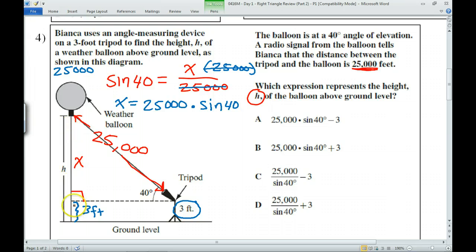So if we want the length of h, all we need to do is take the length of x and add 3 feet onto it. And then, just like that, we have the length of h. So, the height of this balloon should be 25,000 times sine 40 plus the extra 3 feet. Which, looking across the answers, we see that that is B.